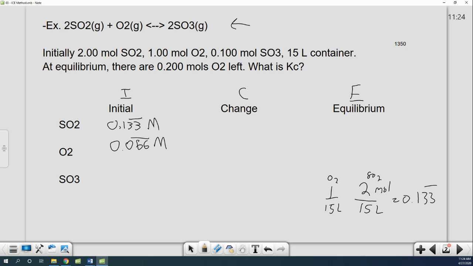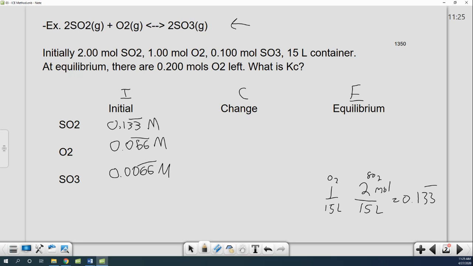All right. And I've got sulfur trioxide, and I've got 0.1 moles of that. And that's still in a 15-liter container, which means it's at 0.006 repeating. All right, so that's all of my initials. They gave them to me, so it wasn't too bad. I just had to divide by liters.